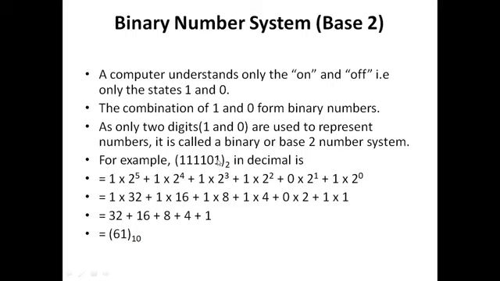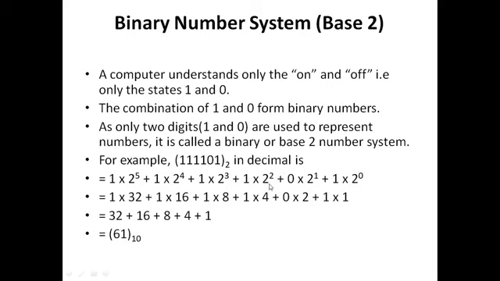As we can see, we take this 1. It is in the first position, which is the zeroth position, so we write 1 into 2 power 0. Then 0 into 2 power 1, 1 into 2 power 2.